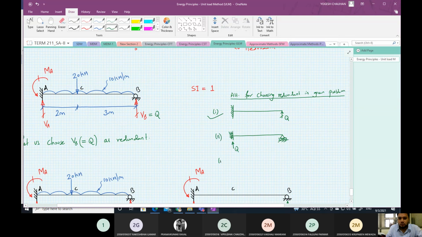You can even choose this moment as redundant. If you choose the moment as redundant, then this will be the hinge. So in that case, this will be the redundant.